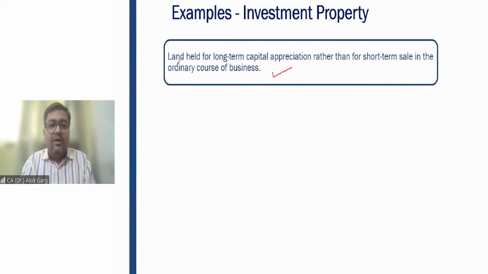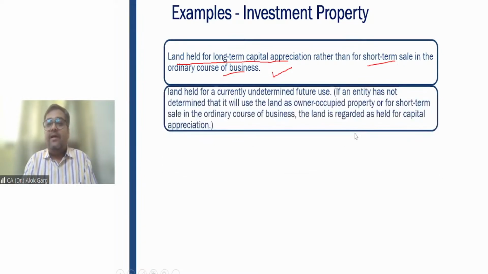If the company is holding a land for long-term capital appreciation, the intent is not to sell in the ordinary course of business. The company is not into the trading of land in the short term. The company wants to hold the land for the long term for future capital appreciation.